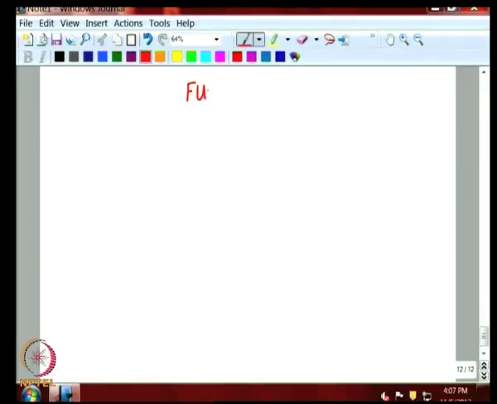So, first let us take the example design of a full bridge forward converter.